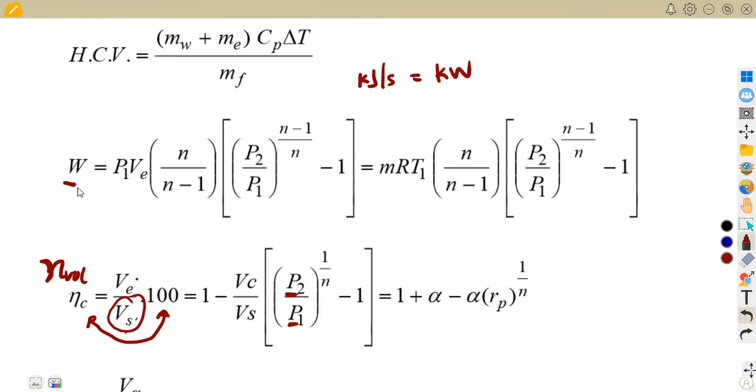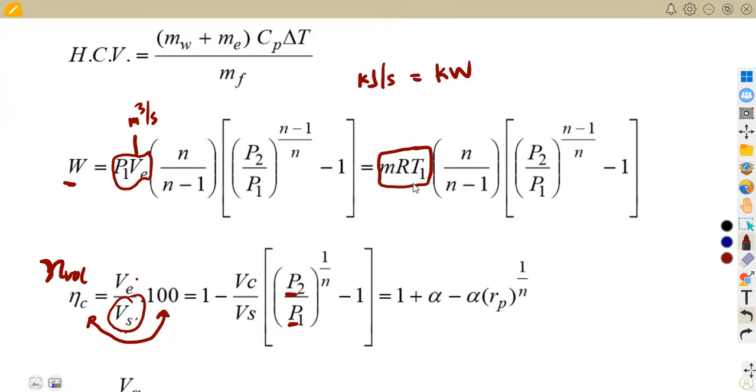So we are going to use the formula for work done, having P1 VE in this case, which is our effective volume. But in order for us to have kilojoules per second, we are supposed to use this in cubic meters per second. All right, or you can simply take this formula, but as you can see, this whole part here of mRT1 is the same as P1 VE.